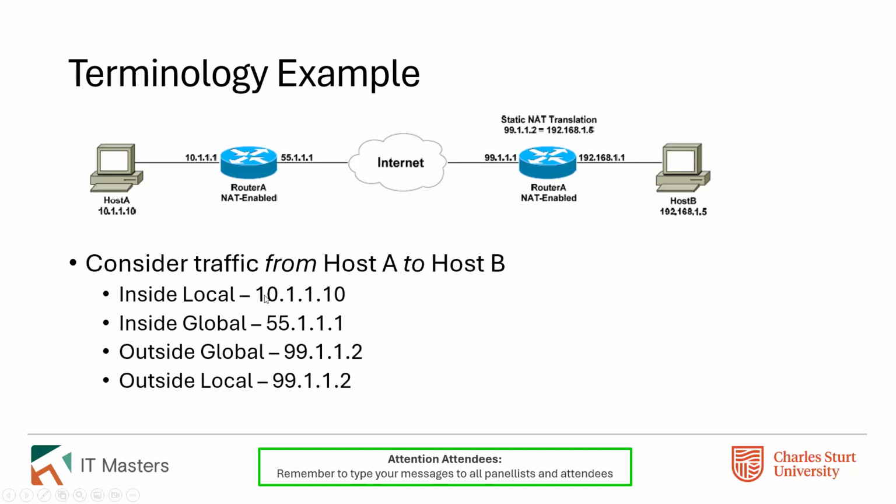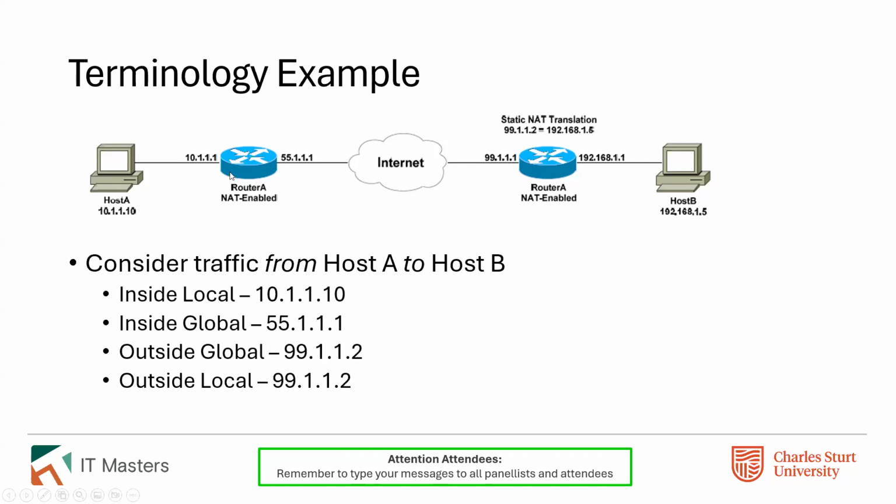We have an inside local of 10.1.1.10, that's host A. We have an inside global of 55.1.1.1, which is the public address for router A. We have an outside global of 99.1.1.2. So that's a static address on this device over here, on what should be called router B. And then an outside local of 99.1.1.2 as well, which basically allows for that static one-to-one map between those two devices.